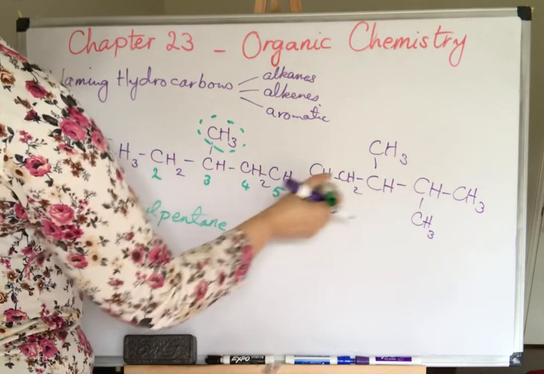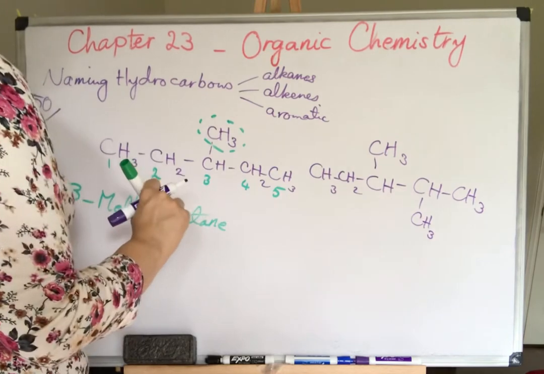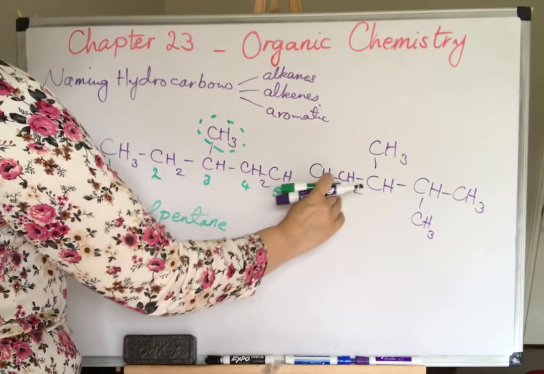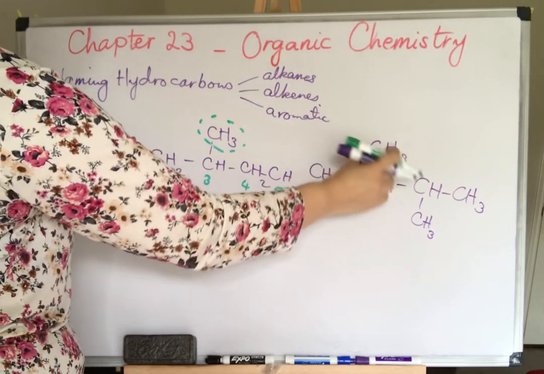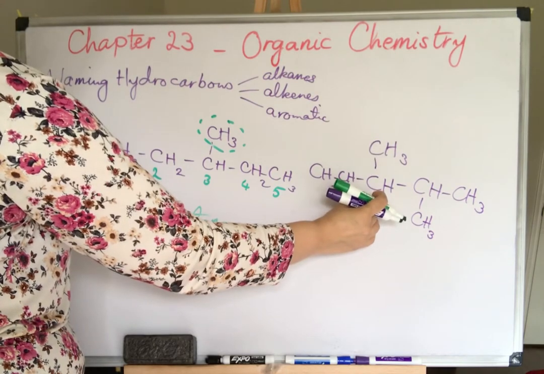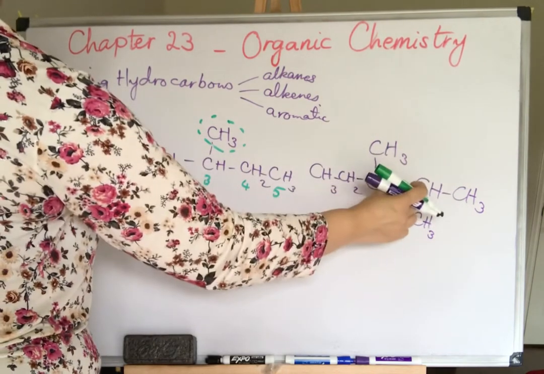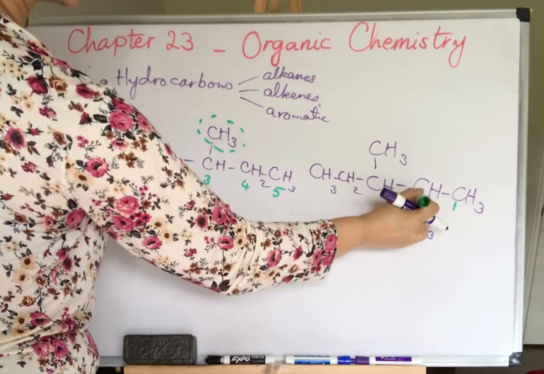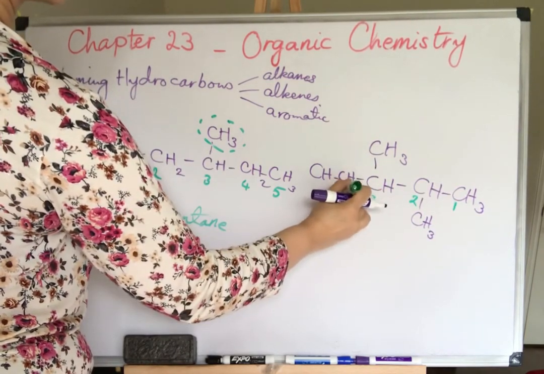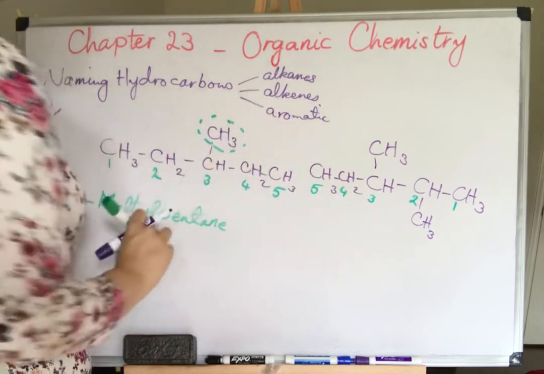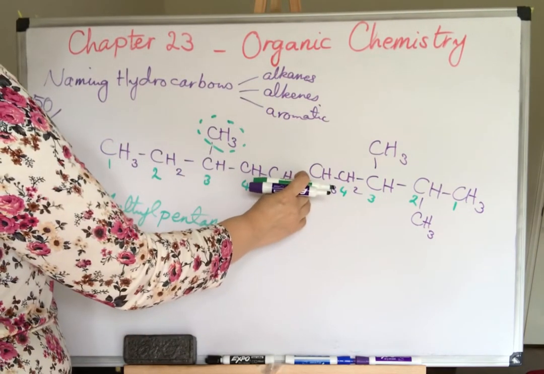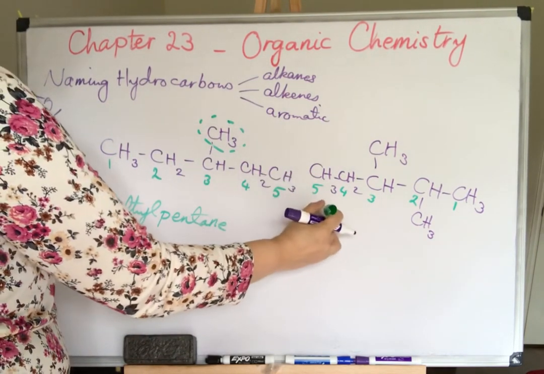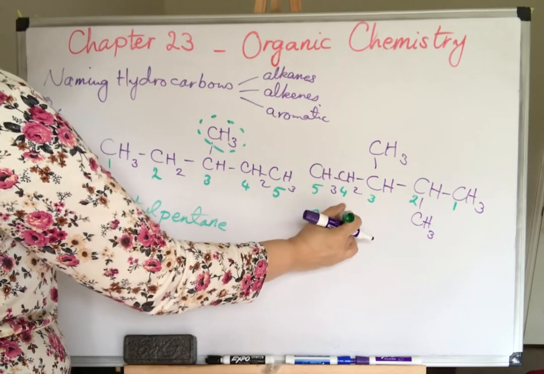So which side gets to the branch first? Left to right, your branch is going to fall on the third carbon. But right to left, your first branch is going to fall on the second carbon. So this time, let's number from right to left. Where are your branches? On the second and on the third, right? So you say 2 and 3.